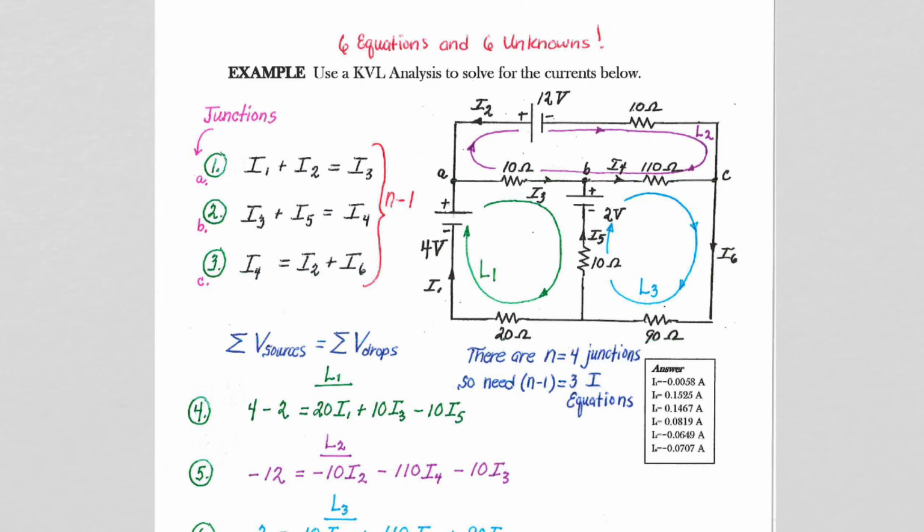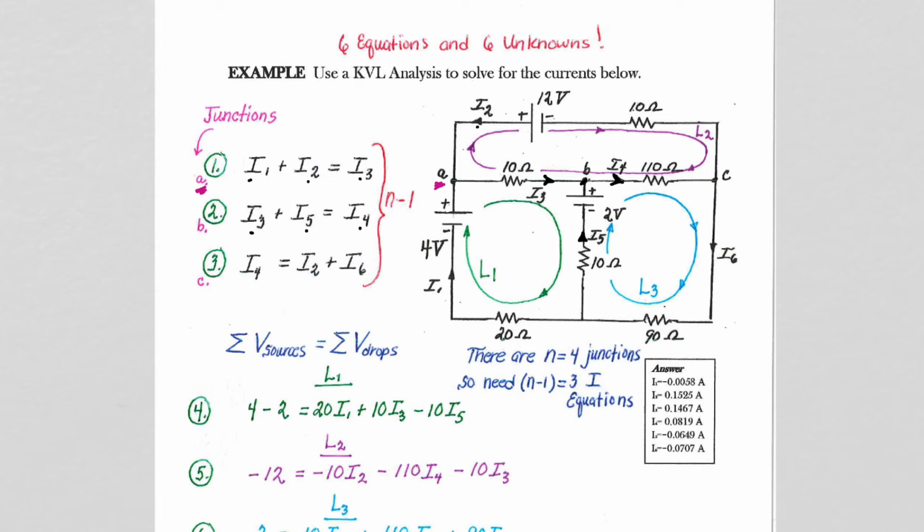So here I have my junction equations. At junction A, we have I1 coming up. It combines with I2, as we said, and we make I3. So there's one equation. At junction B, I have I3 combining with I5, making I4.